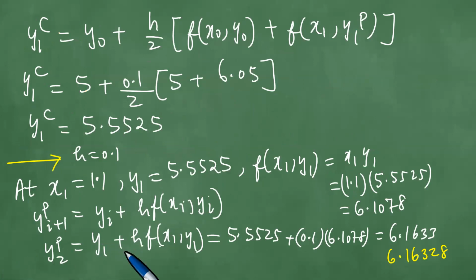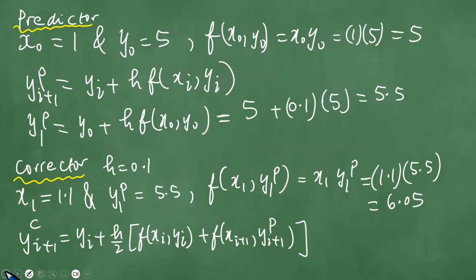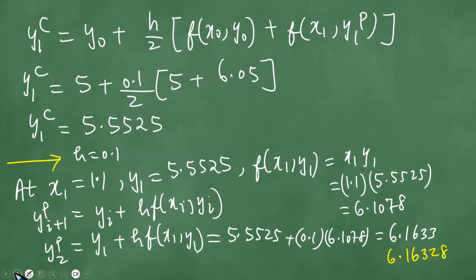Okay, we've already got the y2p, but what is y1? Is this one? Yes, you've already got the y1, which is exactly that. And it's the same y1 we used, like in this case, the same y0 we used in both the corrector and the predictor. We use the same y0, so we're going to use the same y1.